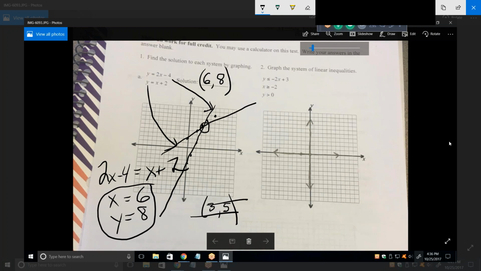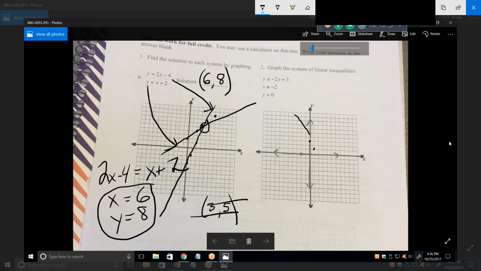Do you go to 3 and then go down 2, right 1? In other words, it's a negative slope. Now, do I use a solid line or a dotted line to do that? Solid.